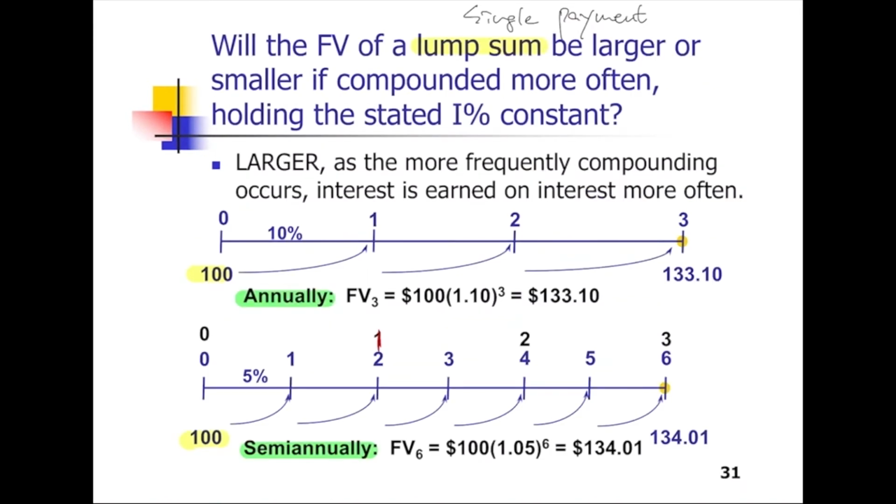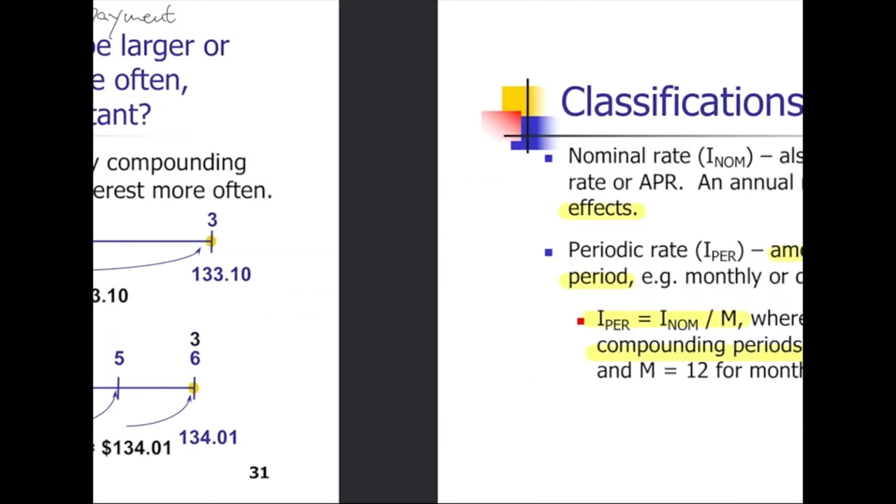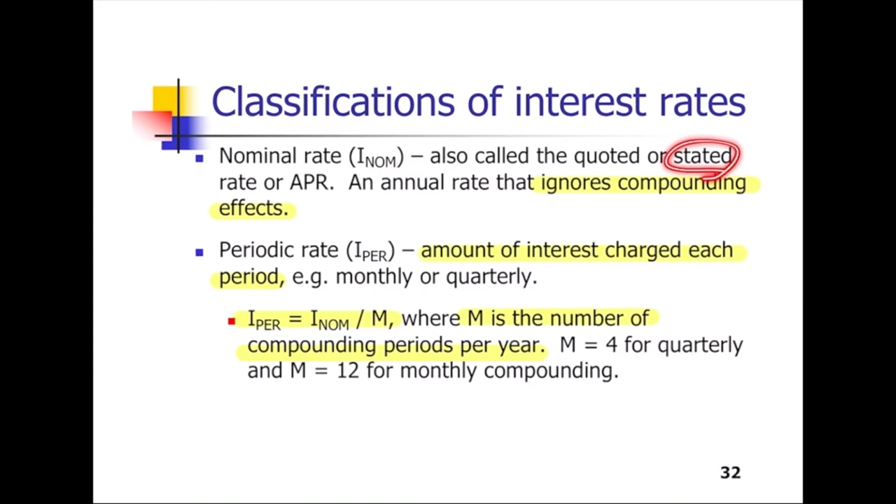Let's return to this slide. What is stated I? The stated I means here, right? And the nominal rate has many names: the nominal rate, the quoted rate or stated rate, or APR.